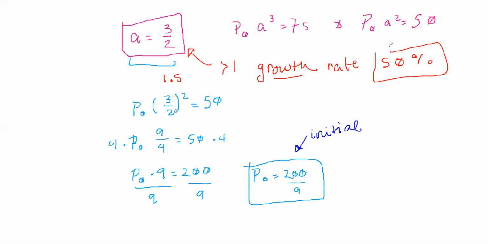The point of this question was to be able to work with some exponential functions. This basically sets us up. This is our t equals 0 position. So now we're prepared to do some work with this equation.